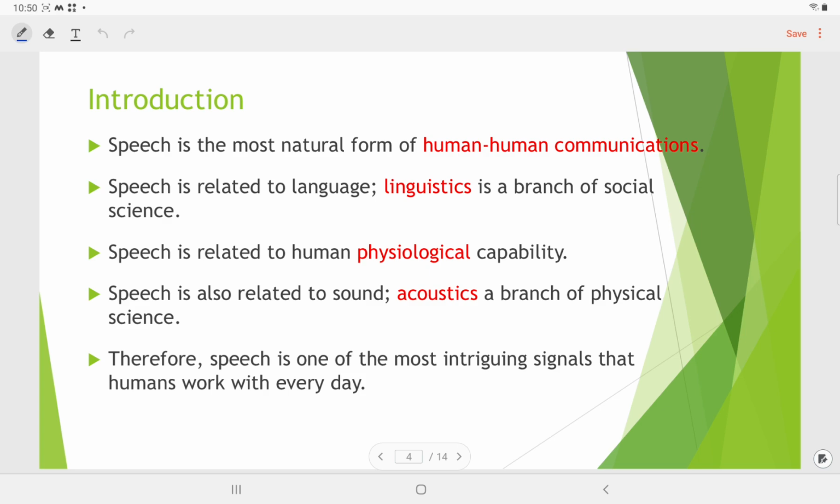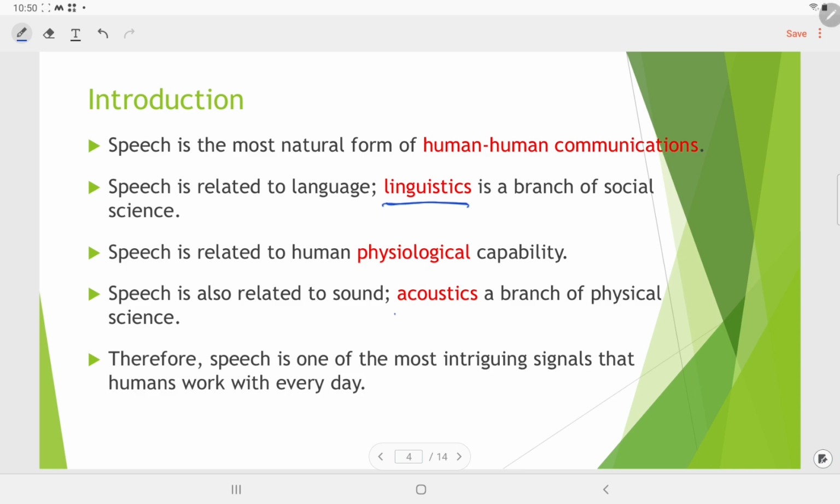Okay, now let's start the introduction. Speech is the most natural form of human communication, as it is very evident. Speech is also related to language. Linguistics is the science of language, which includes phonetics, phonology, morphology and syntax of the speech. Speech is also related to human psychological capability, and to sound.